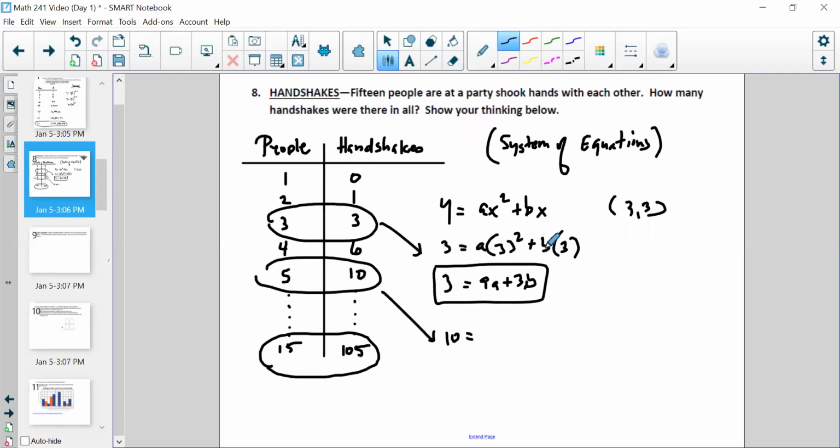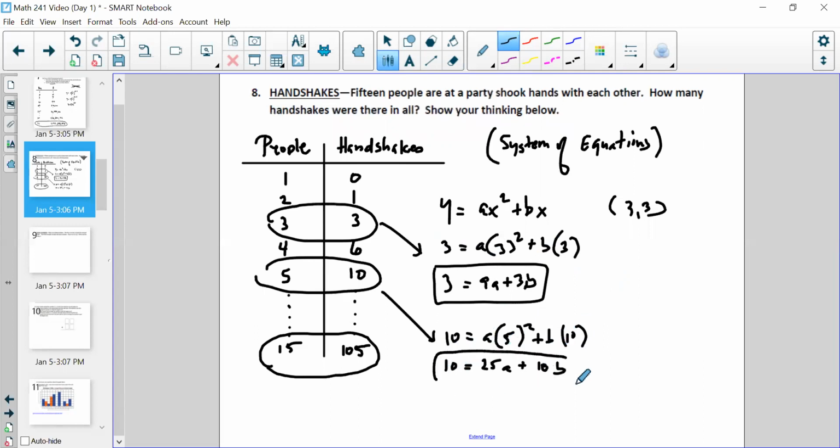So just like I did at this point right here, it'll be a times 5 squared plus b times 5. And so 10 would be 5 squared is 25a plus 5 times b would be 5b.